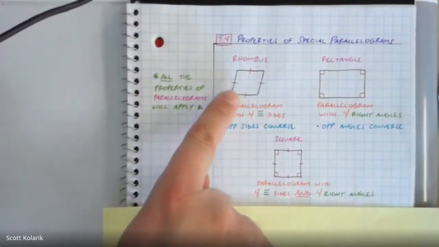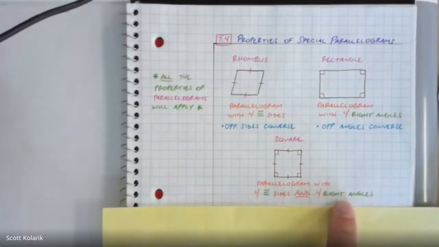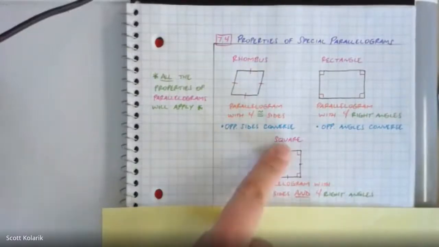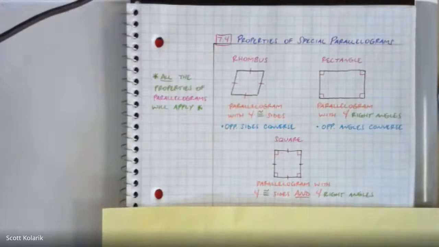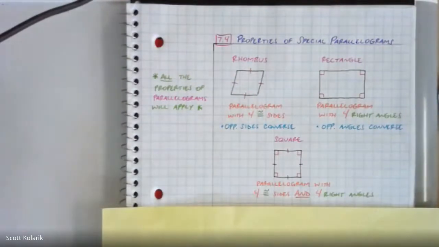The difference between a rhombus and a square, the extra thing, is that a square is going to have four right angles. So if you took a square, four congruent sides, and then kicked in one of the corners so that you didn't have 90-degree angles anymore and tilted it a little bit like this guy, then it has the definition of a rhombus.